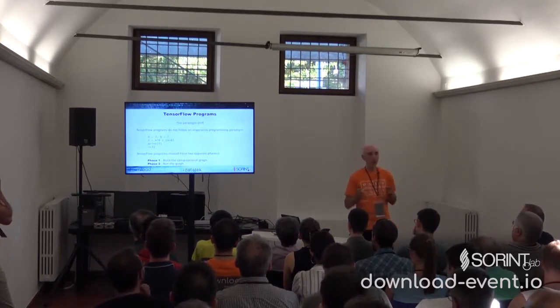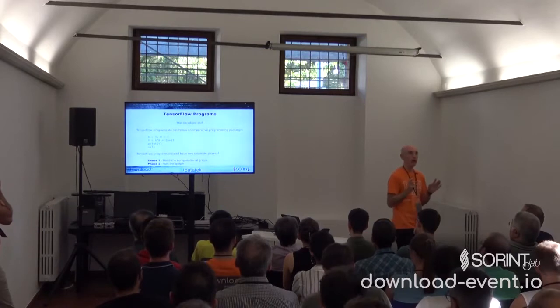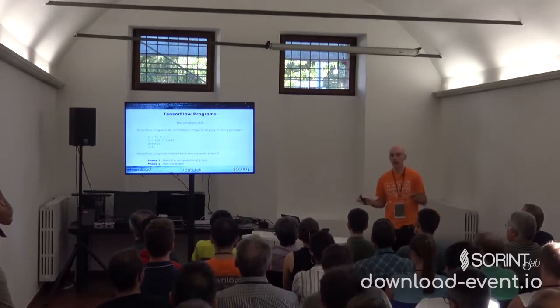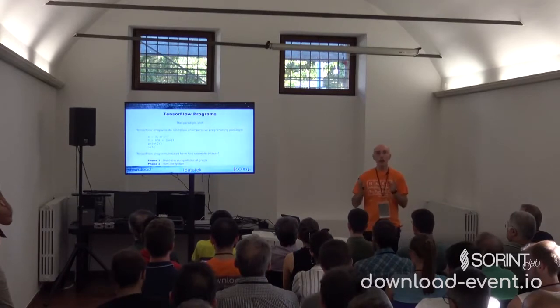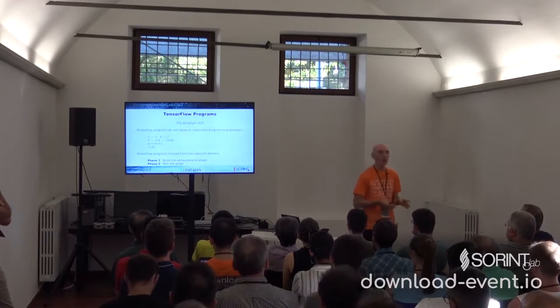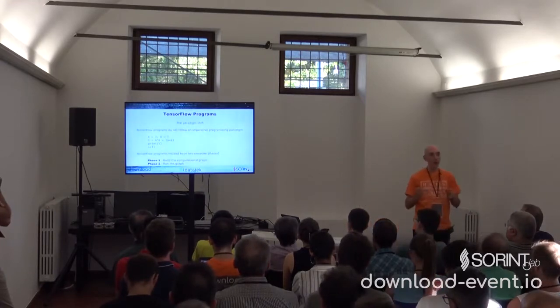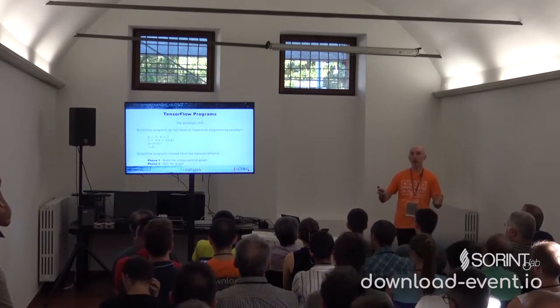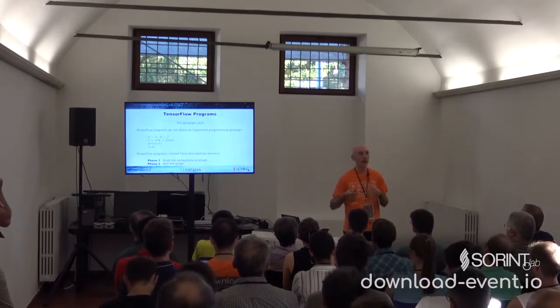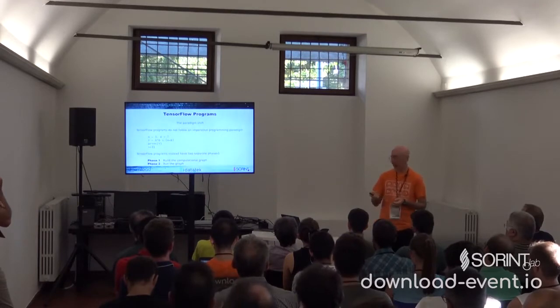In TensorFlow, the first thing you have to learn is that a TensorFlow program is written in two phases. Phase one, you build a computational graph, and we will see in a moment what a computational graph is. Once you have built this computational graph, you can execute it to obtain your results.